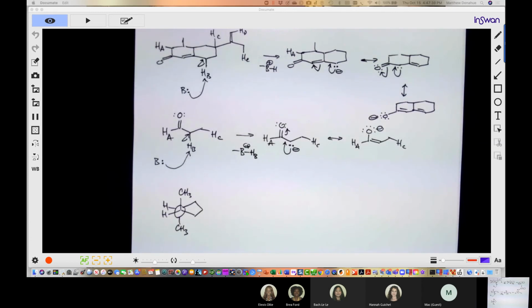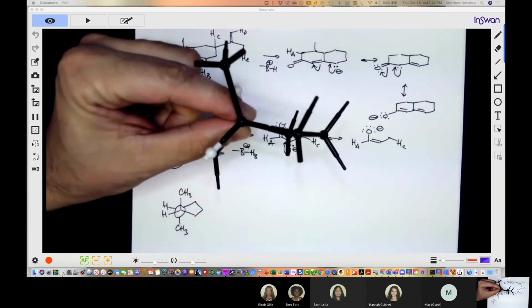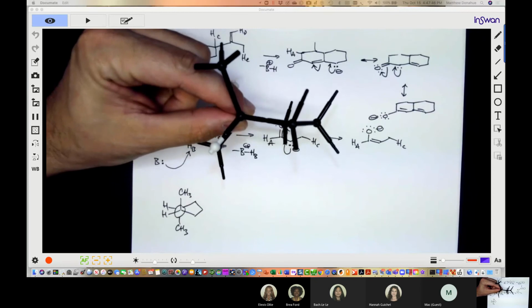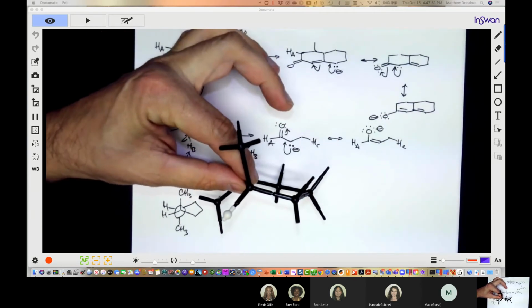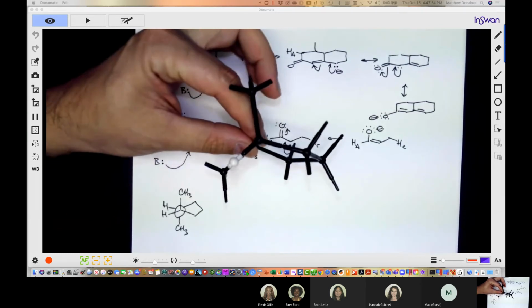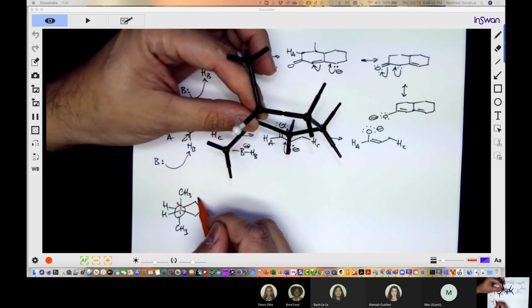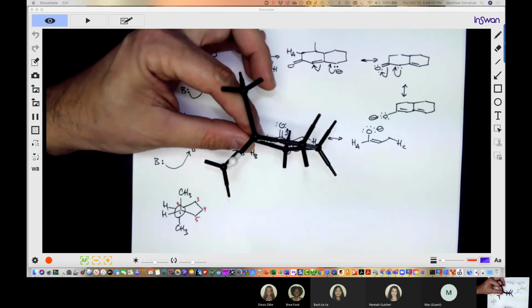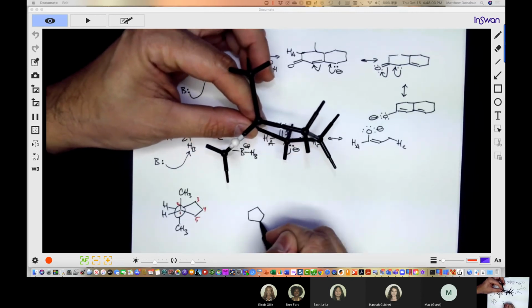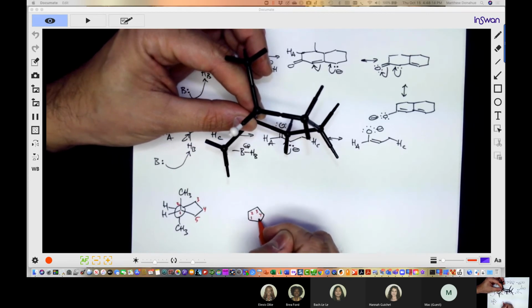So what I'm holding now is the bond that you're looking down in the Newman projection. So again, in a Newman projection, you're always looking down a single bond. So if you count, the front carbon is 1, the back carbon is 2, then you have 3, 4, 5. So what you can do from there is just draw a 5-membered ring, number it 1, 2, 3, 4, 5.